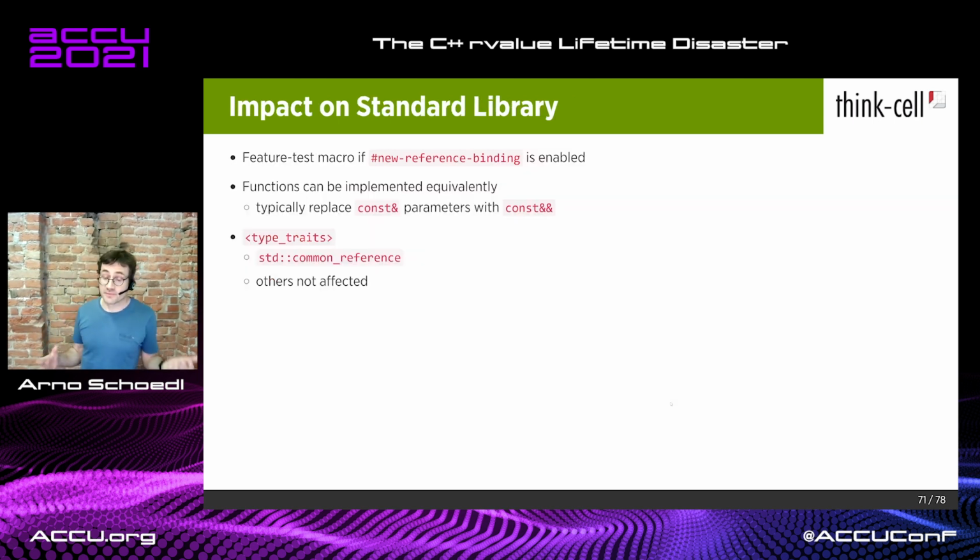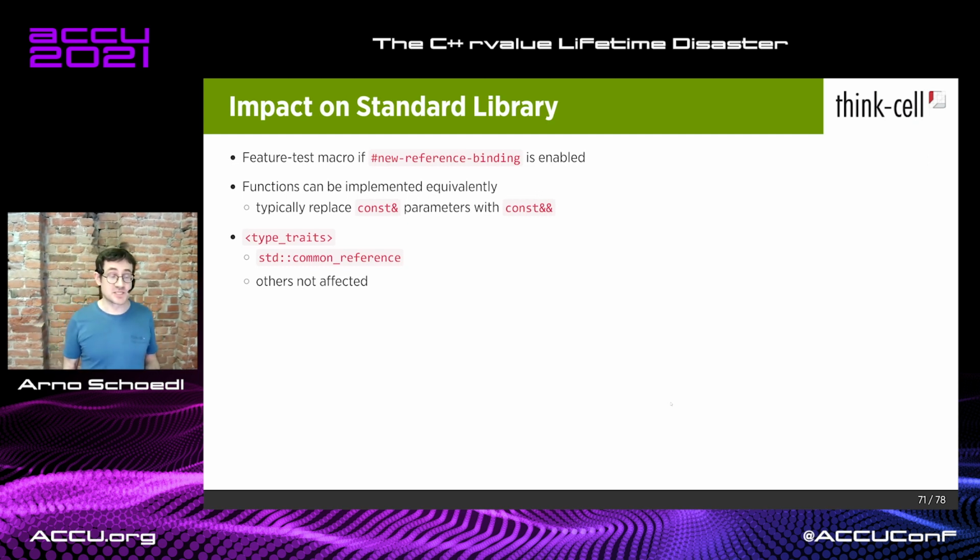I thought a little bit about what would be the impact on the standard library. Of course, we would need some sort of feature test macro if we have this new reference binding facility. Functions are by and large can be implemented equivalently, because instead of the const lvalue reference, you would use the const rvalue reference for this catch-all parameter, where you just want to take something by reference.